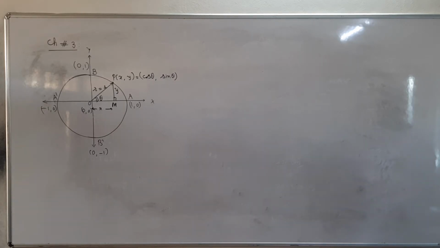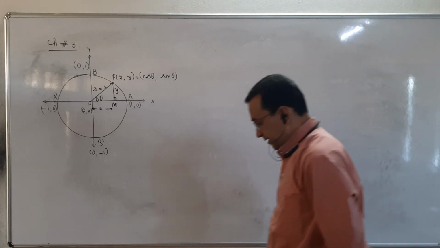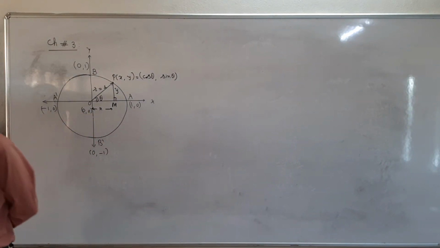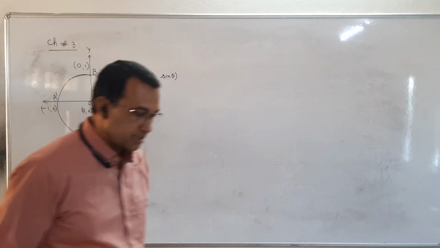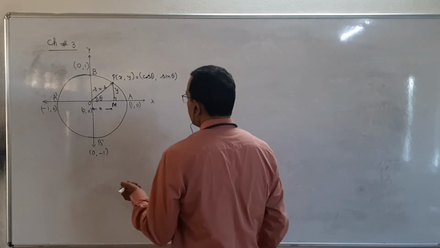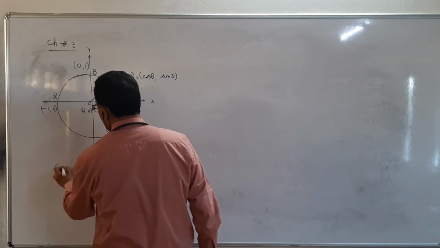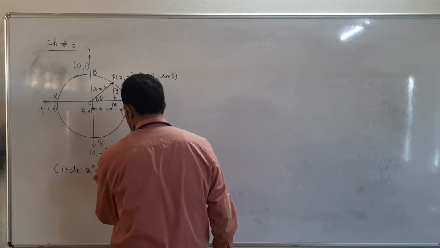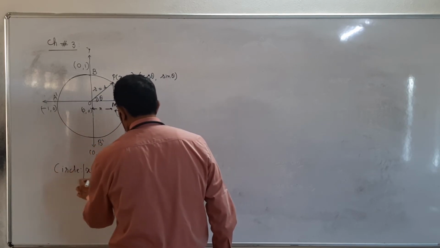An equation of unit circle is x squared plus y squared is equal to 1.